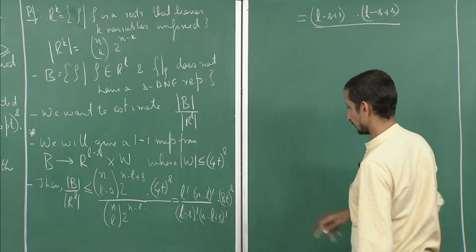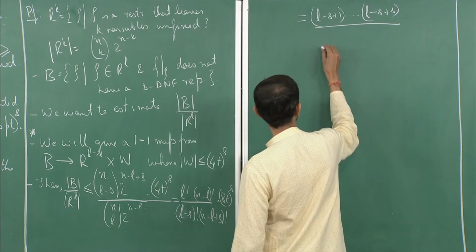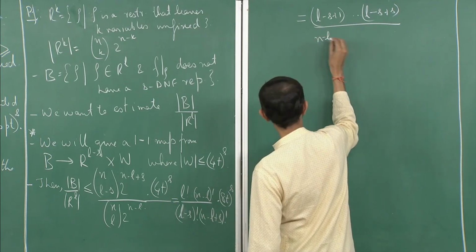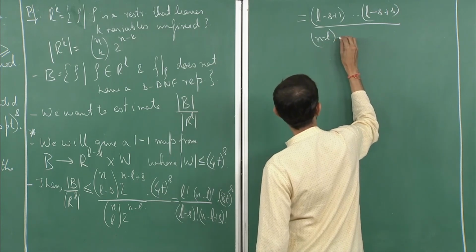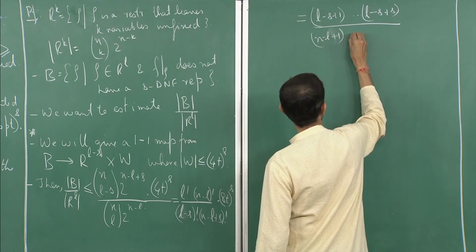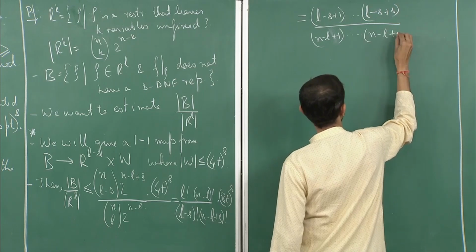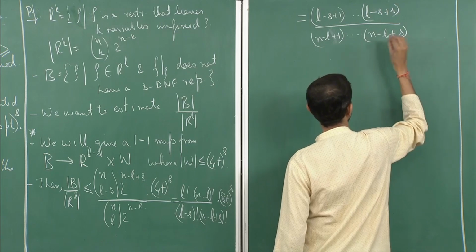So there are S terms over here, divided by N minus L, N minus L plus 1, up to N minus L plus S, right.